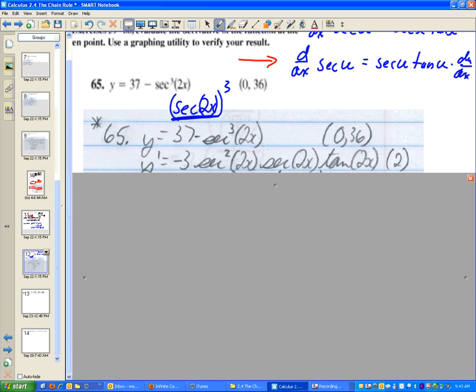Now, everybody follow me. Once I'm to this step where I need to take the derivative of u, that means the derivative of the secant of 2x, doesn't it? So, whole new problem, really. The derivative of the secant of 2x. Now what am I considering to be u? Now 2x is the u. So, secant of u, tangent of u, derivative of u.